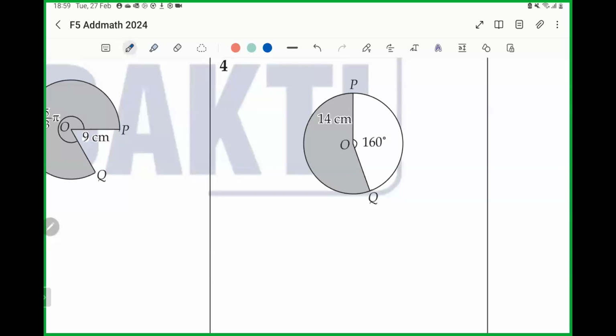Question number 4. Find the area of shaded region. This one we call a major sector. Find the area: 1 over 2 r squared theta. Theta must be in radian.